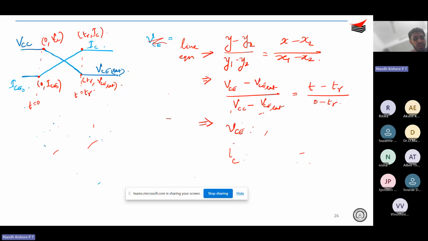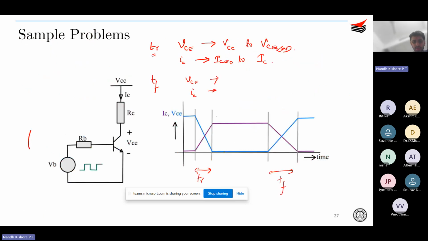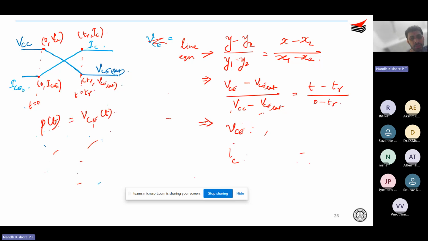Once you get VCE and IC, you know that your instantaneous power will be VCE of T multiplied by IC of T. Got it, right? We just wrote the line equations.